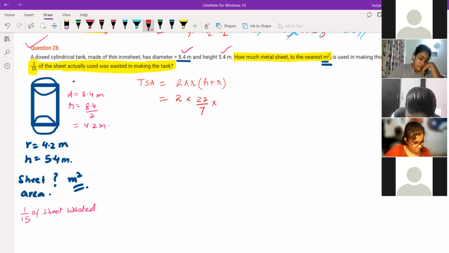Two into 22/7 into radius, that is 4.2, in bracket h plus r. So h is 5.4 plus radius is 4.2.